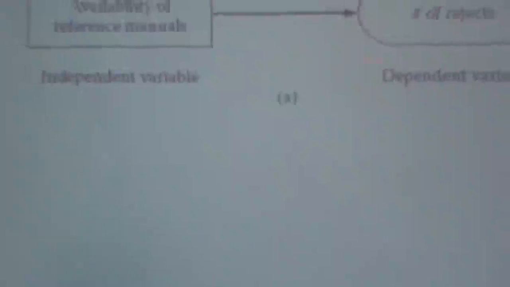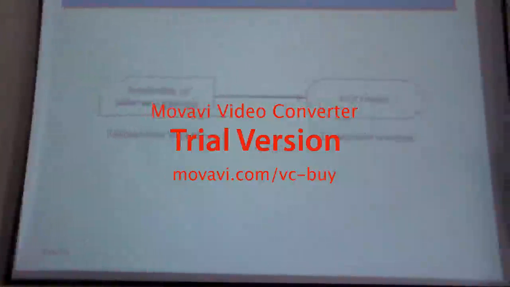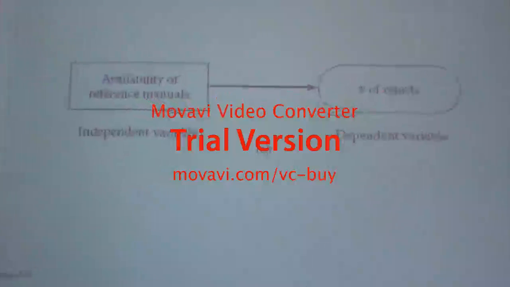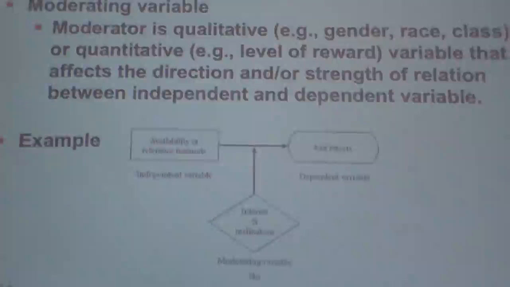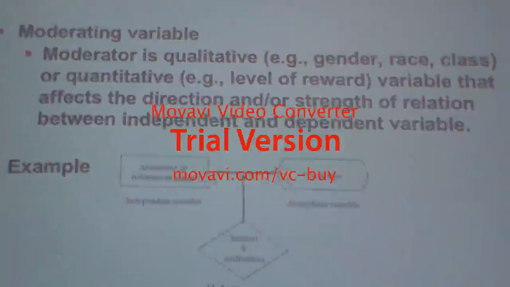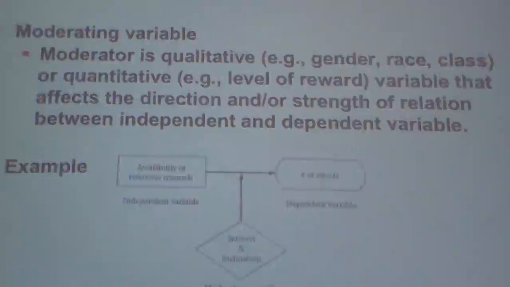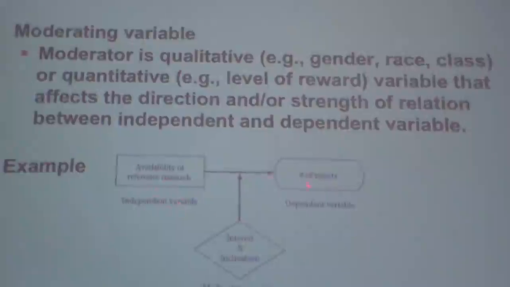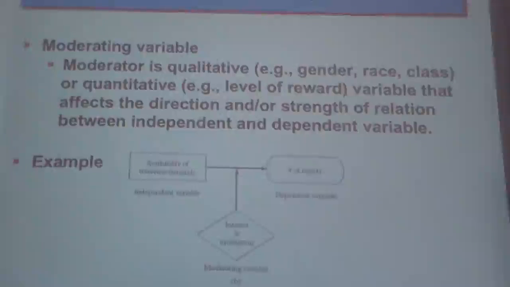Okay. In the previous example, we have the dependent variable and the independent variable, and we have a relationship between them. This is the relationship in the middle between dependent and independent. The moderator, which is this variable, affects the relationship between the independent and dependent variable. So it affects not the variables, but the relationship between them.